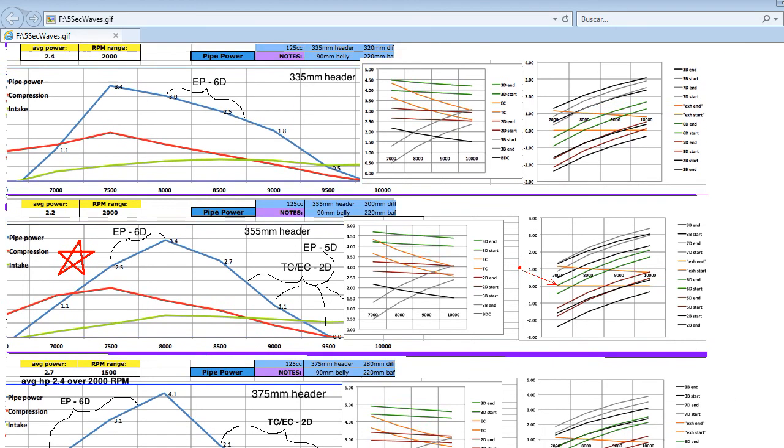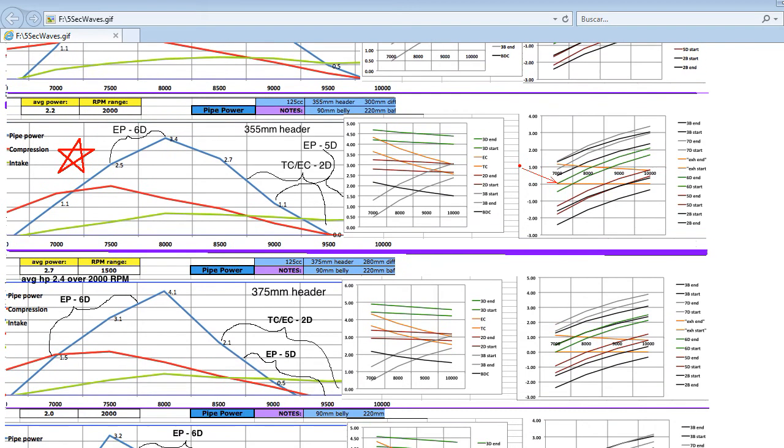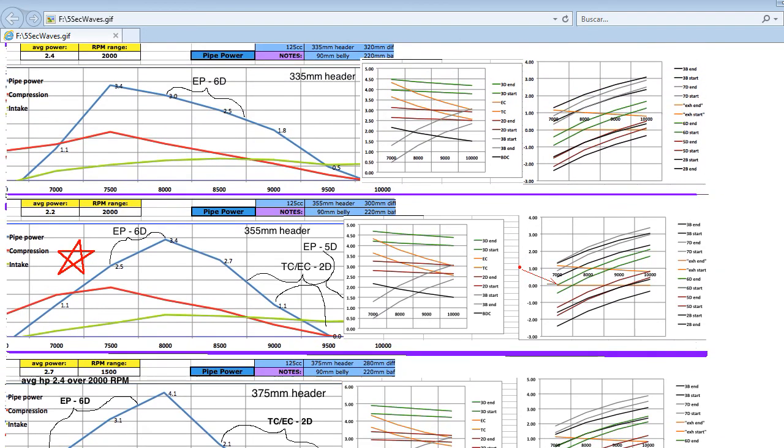Okay, so I went 20 millimeters more, and voila, the perfect power band. And just to see what would happen, see right here you've got the 6D. Let's say the middle of that exhaust pulse is about right there.